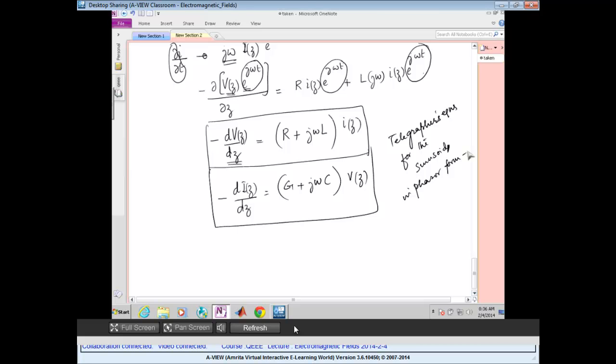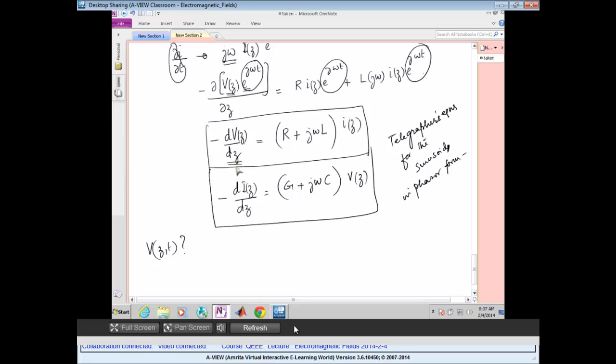Now again, we have not reached our objective. Our objective was to find V(z,t). What we have ended up doing is, we have simplified our earlier equation and we have a first order differential equation which is varying only as a function of space.